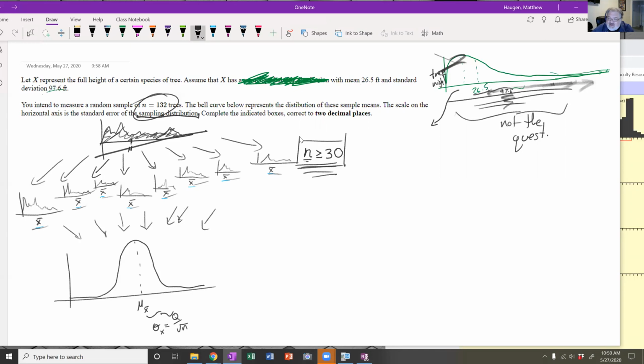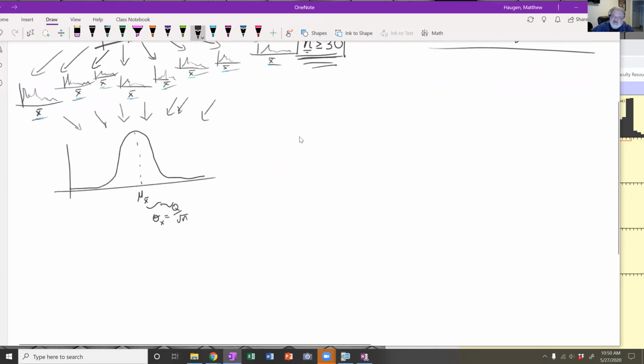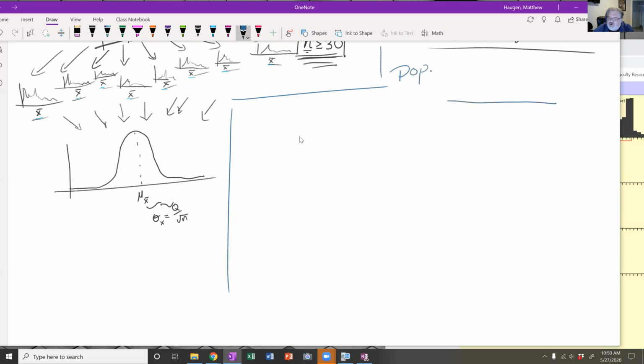Now, what if a sample size of 30 is hard to get? Well, what if we just don't have a sample size of 30? This still can work with smaller sample sizes, but with a smaller sample size, it's required for our population to be normal.